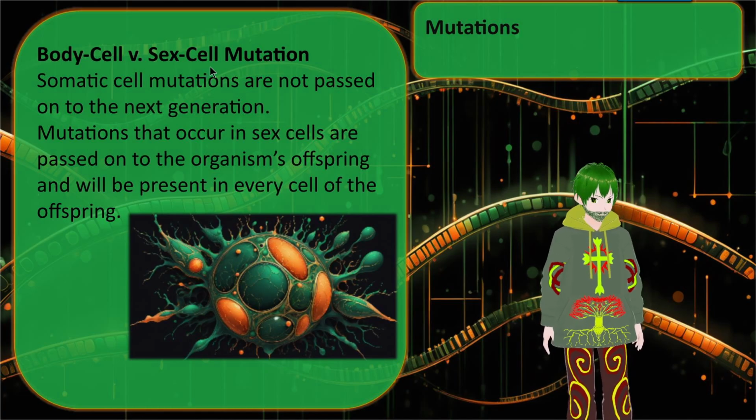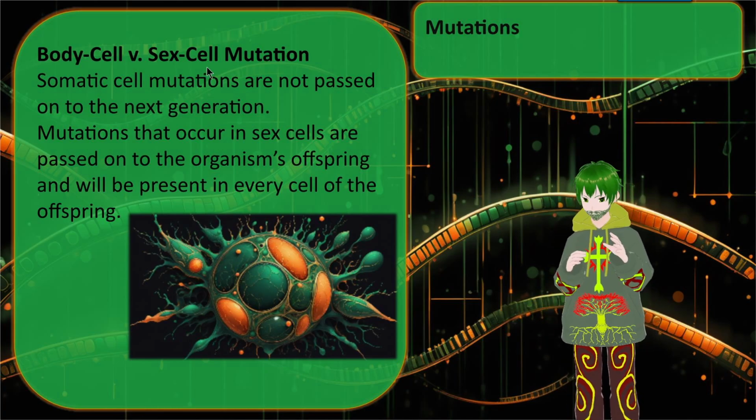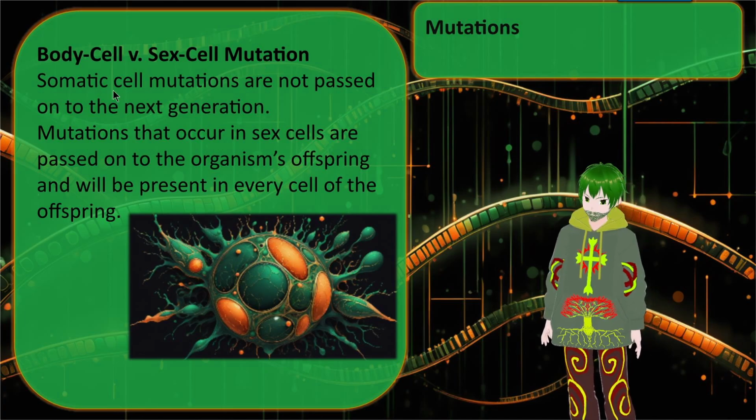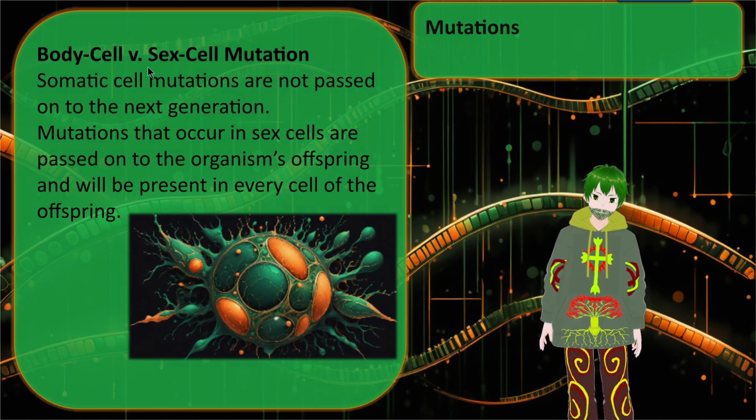Or breast cancer is the result of a mutation in some cases that is passed on through sex cells. Okay, so mutations, again, they're oftentimes harmful, and if they happen in your sex cells, your oocytes, eggs, or spermatocytes, sperm, can be passed on to your children.